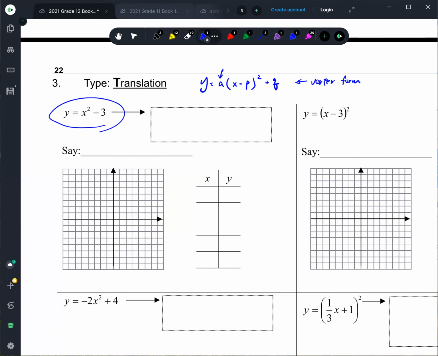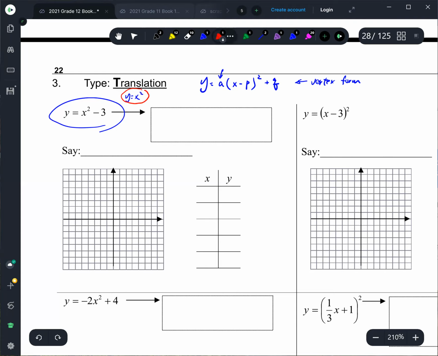So we just use the basic x values for the parabola, y equals x squared. The basic x values for the parabola are -2, -1, 0, 1, 2. Remember, these are the basic ones.